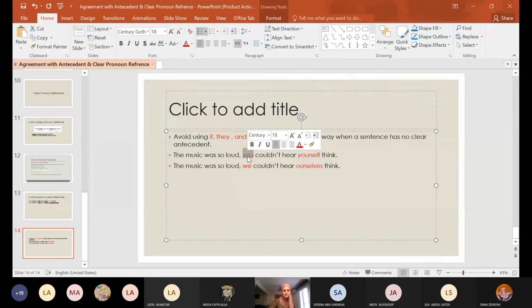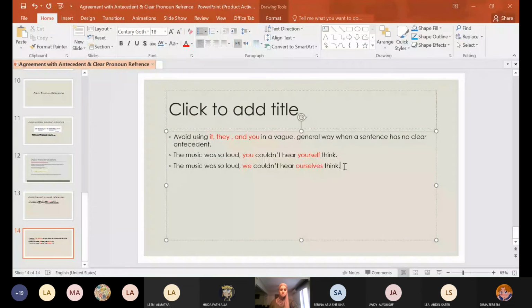Better than all of that, instead of using they and you, or it, because you and yourself here are vague, in a vague, general way. So it can work, teacher, yes, it can work, but it's vague. So instead of using a vague pronoun, you can switch the sentence.